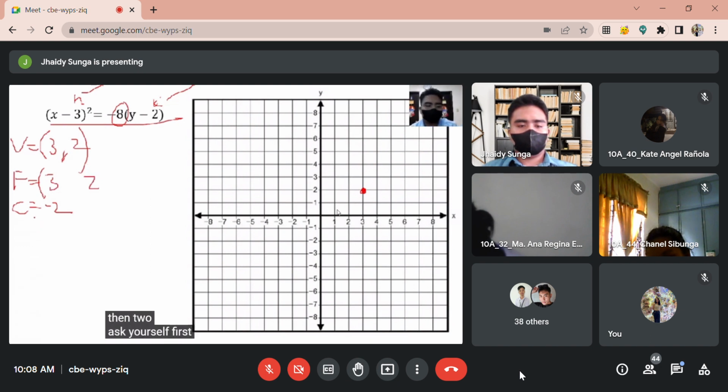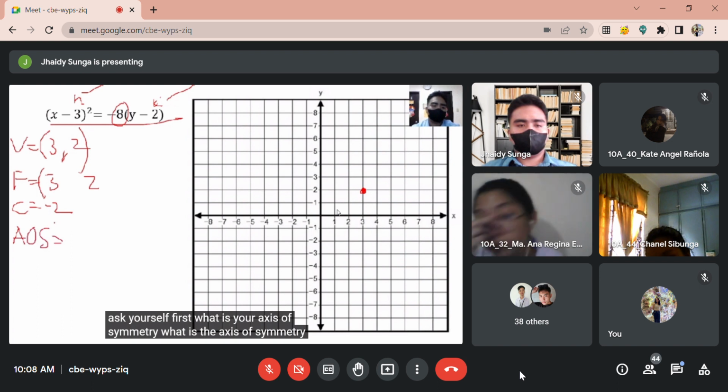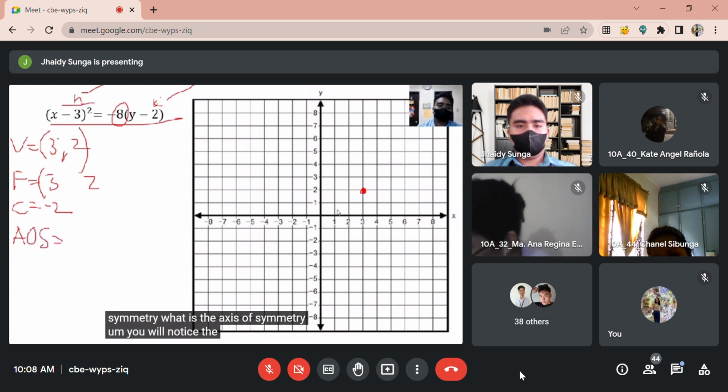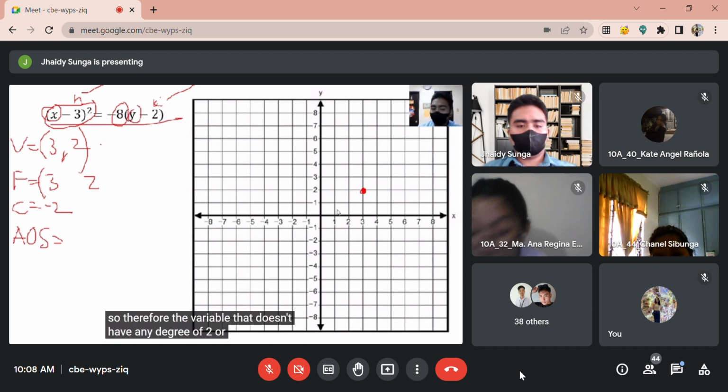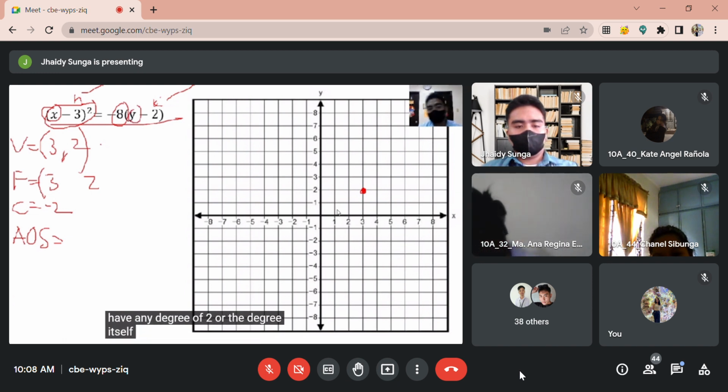Ask yourself first, what is your axis of symmetry? You will notice the variable that is squared is x. So the variable that doesn't have a degree of 2 is y. Therefore, our axis of symmetry is y.